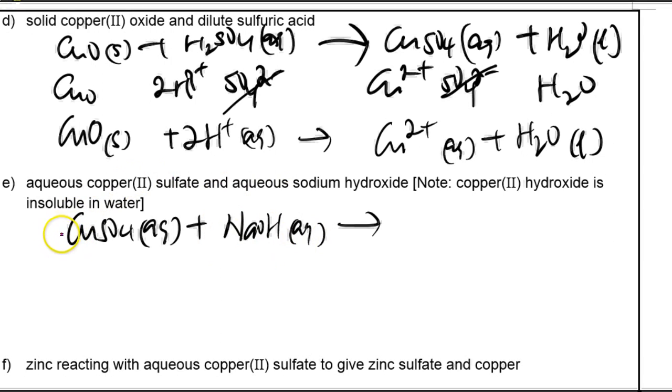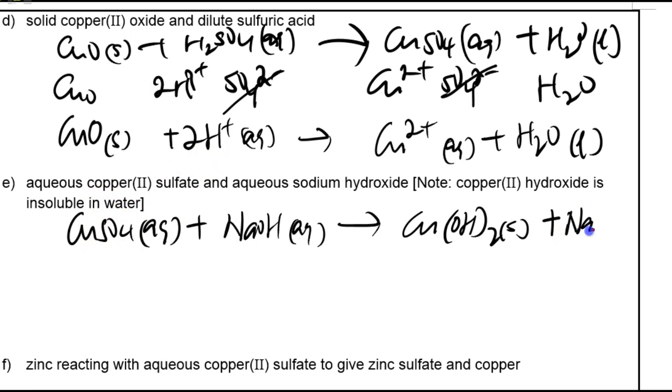This is not an acid, not a base, but we know that copper(II) hydroxide, which is formed, is not soluble in water. So based on this equation here, what is left? We have Cu out, we have OH minus out. How do we make sure that the left and right side are balanced? We must ensure Na here and SO4 here come together to give us a compound.